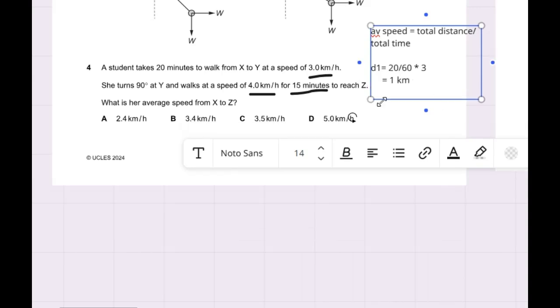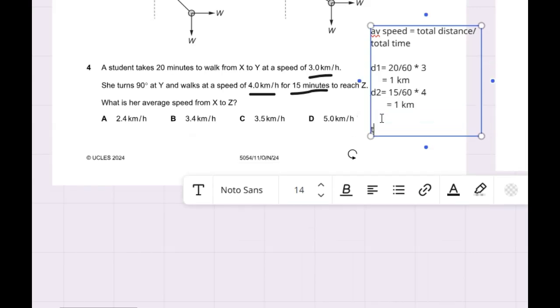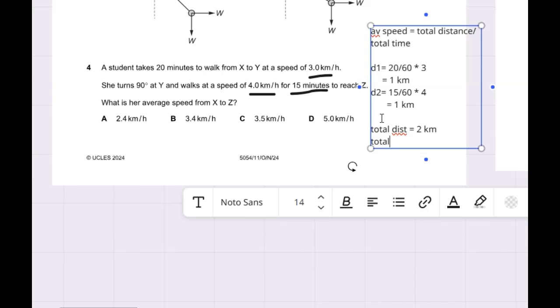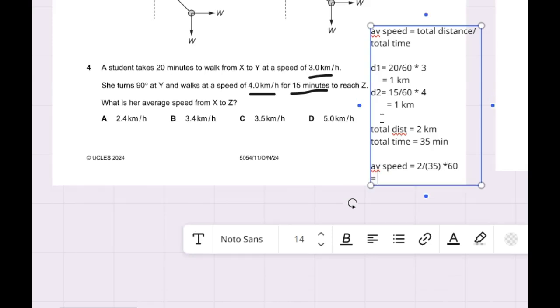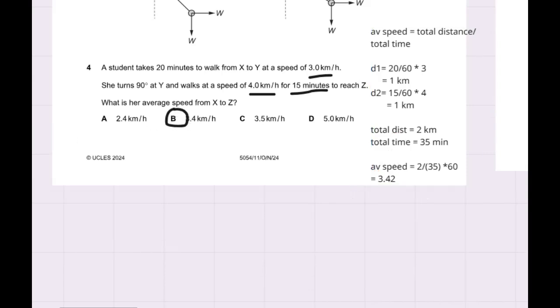And for journey 2, the time is 15 minutes and the speed is 4 km per hour, so again that will be 1 km. So the total distance is 2 km and the total time is 20 plus 15, which is 35 minutes out of 60. So 2 divided by 35 multiplied by 60 will be 3.428 km per hour. So we can take option B as our answer.